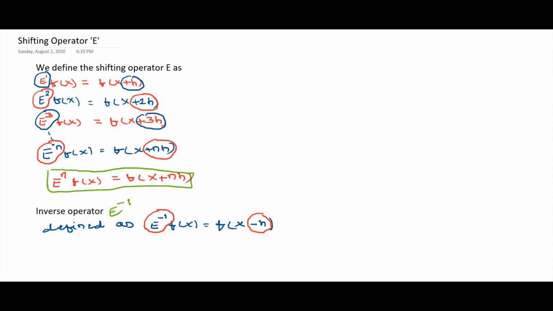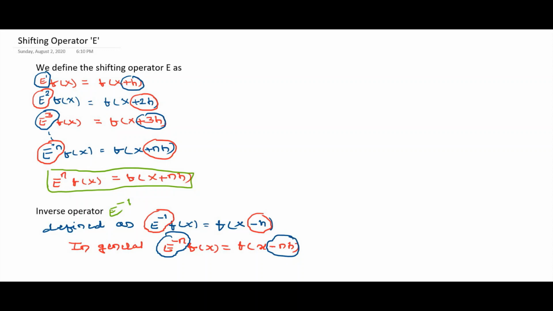In general, E raised to minus n f of x, we can write as f of x minus nh. Here the power is minus n, so to eliminate E raised to minus n, we have to add minus nh.